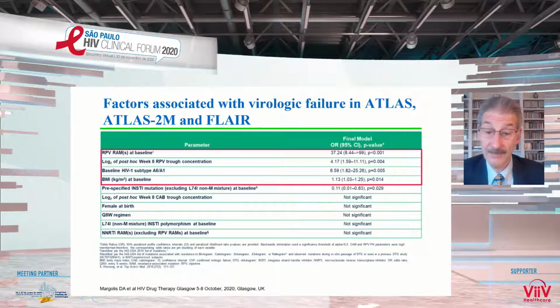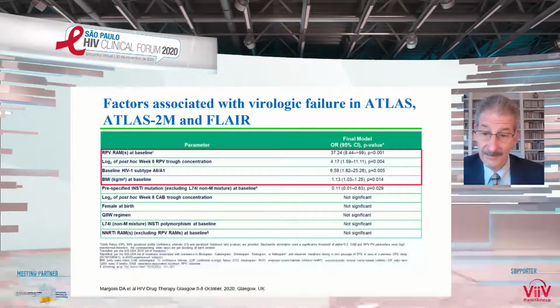Having a virus that belonged to subtype A6 was a significant risk factor for virologic failure, as was having a high BMI. So for every additional kilogram per meter square of BMI, there was about another 13% increased risk of failure. So there was no single factor that was important, but all of these factors together were highly significant.